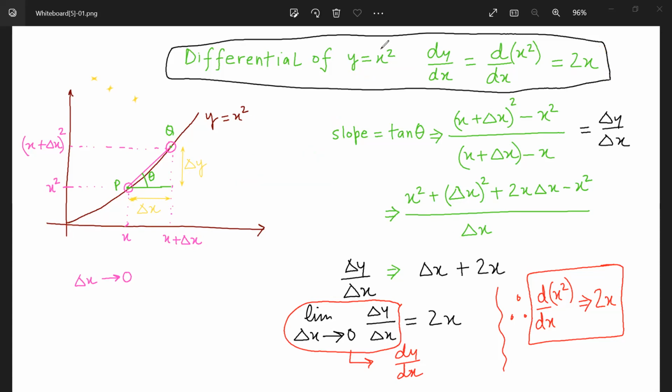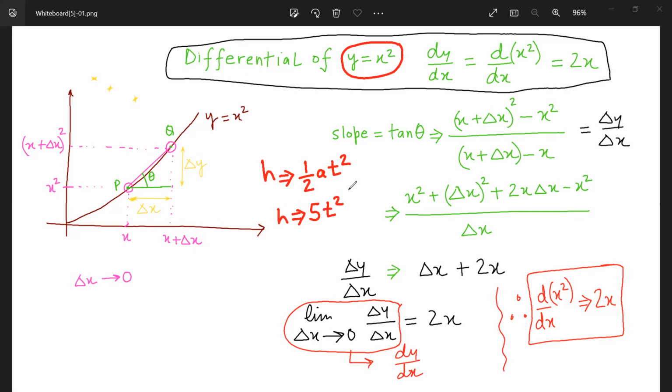Now we have already seen that y is equal to x square has a connection with our physics, when we look at the equation of motion where a ball is dropped from a certain height and the initial velocity is 0, and the equation is half a t square. If I consider the value of a to be 10, then this equation becomes h is equal to 5t square.